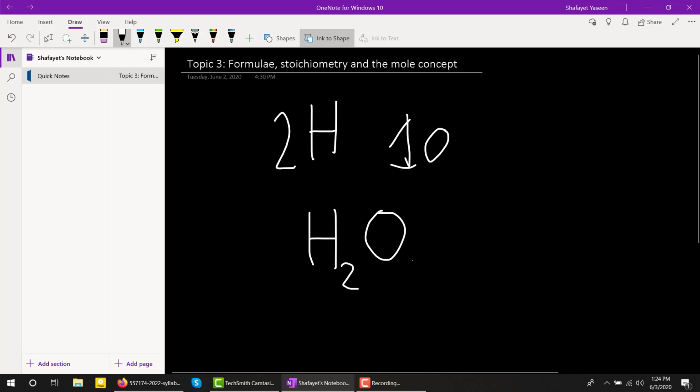If there's 1 atom of an element, we just leave it the way it is. So basically this formula denotes that this compound has 2 hydrogen atoms and 1 oxygen atom, and yes, you guessed it correctly, this is just the formula of water. So that's pretty much it.